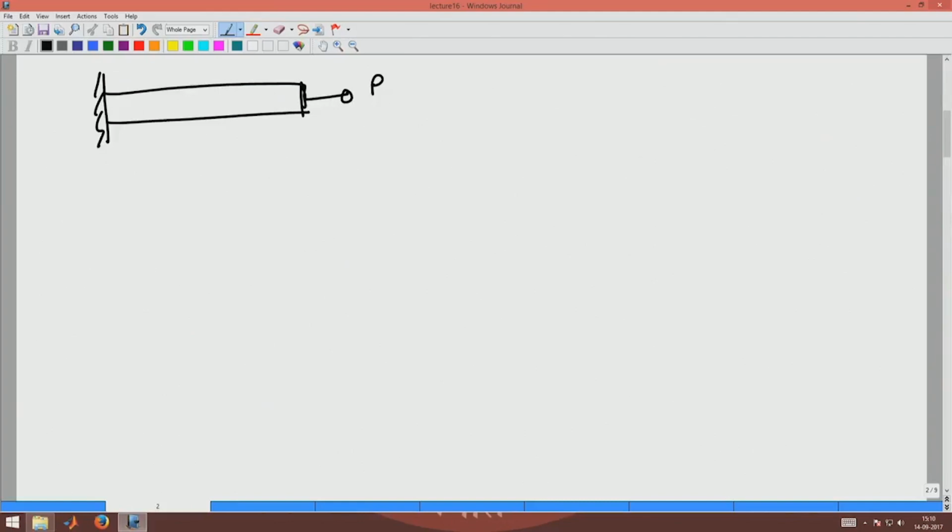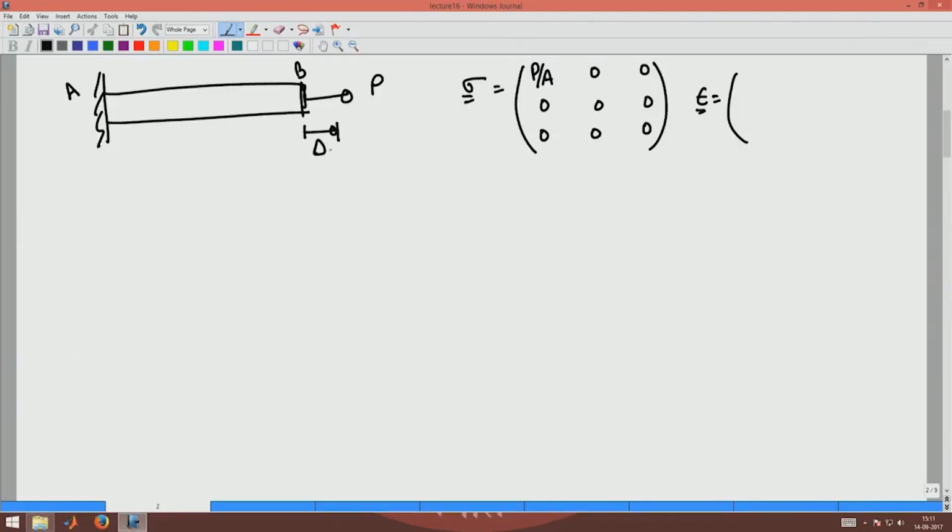We saw when we looked at the uniaxial state of stress that the stress is given by this tensor, P by A and all other components 0, and in the uniaxial loading case we understood that the strain would be, if this is A and B and if this displaces by an amount delta B, delta B by L, where L is the length of this member.